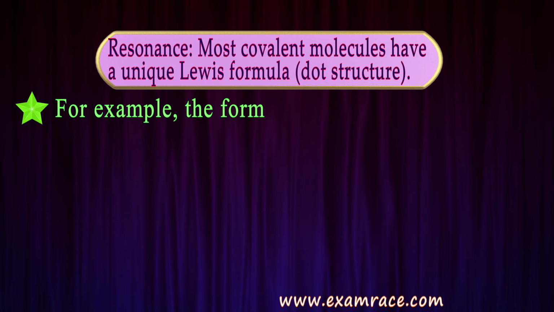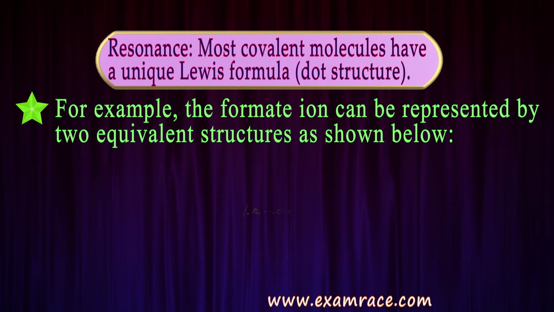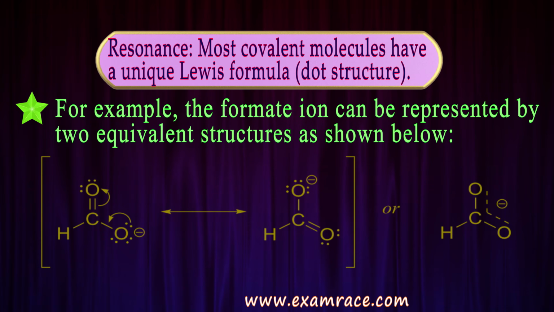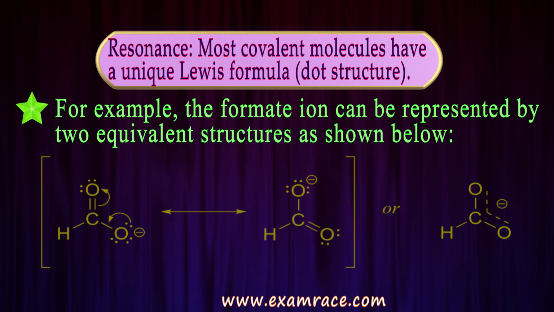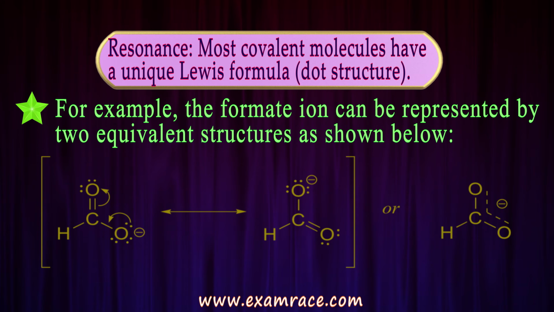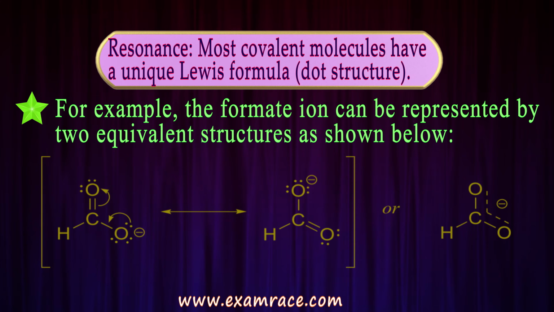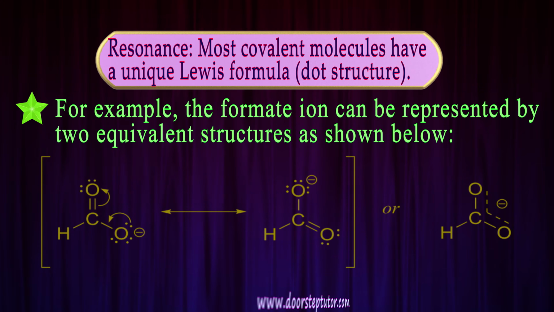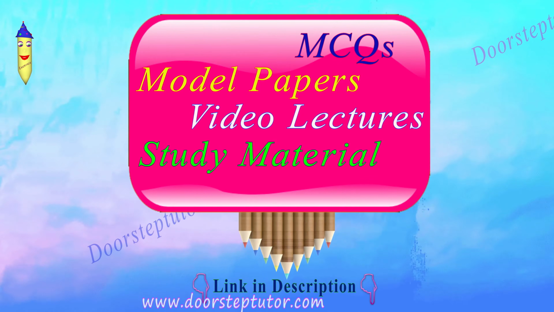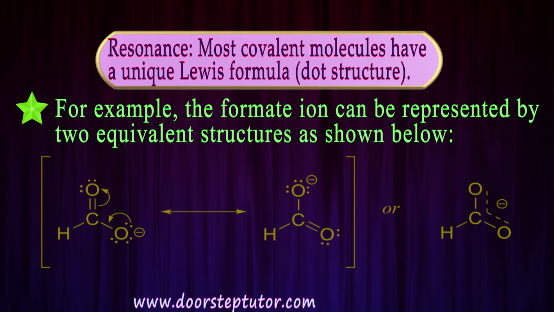Now let's take an example of such a molecule, that is formate ion. Here I have shown you the resonating structures of formate ion. In the first structure, the oxygen which is attached to the carbon with a double bond has two lone pairs, and the oxygen attached to carbon with a single bond has three lone pairs with a minus charge on it.